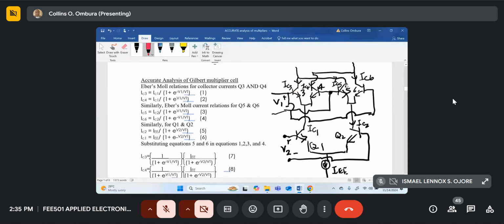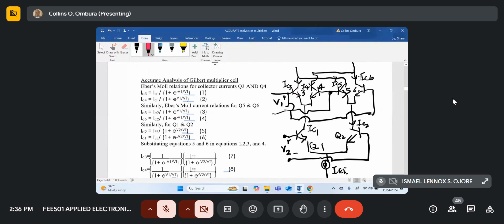So IC5, this one, is equal to IEE, but our IEE is IC2. So it will be IC2 divided by 1 plus e to the positive V1 by VT.